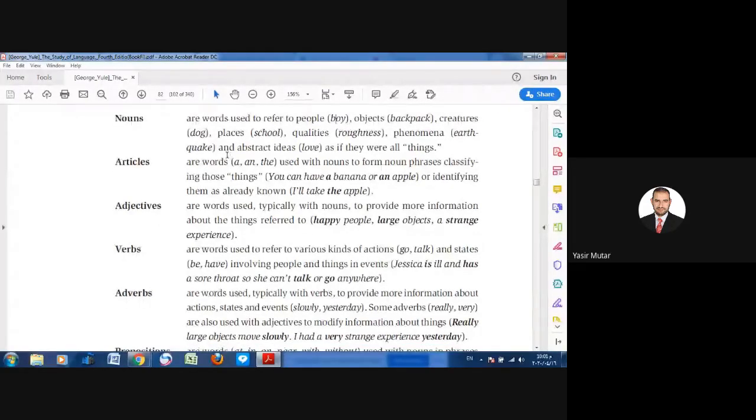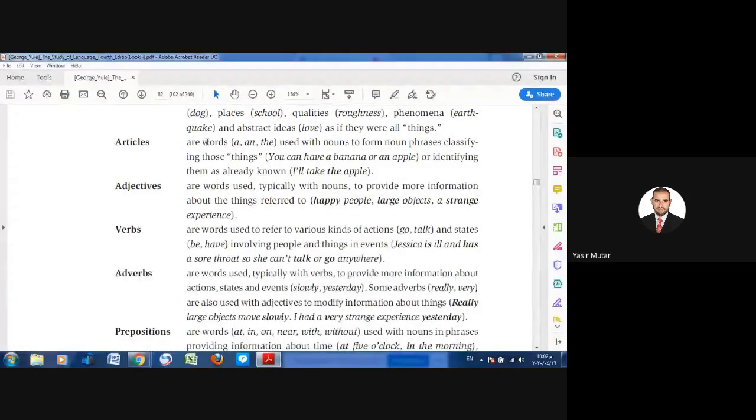Articles. What are articles? Yes, we have a, an, and the. What are these words? They are used with nouns to form noun phrases classifying those things.